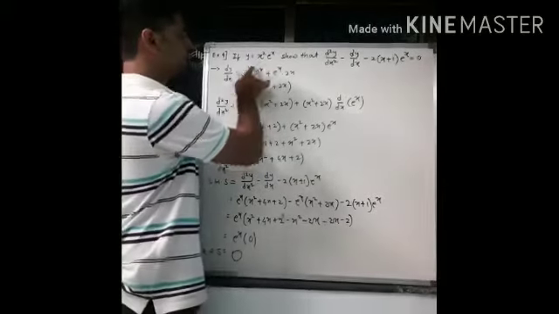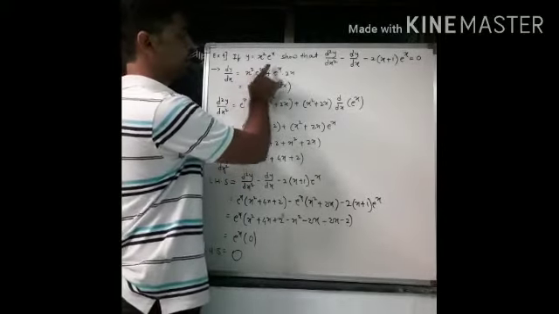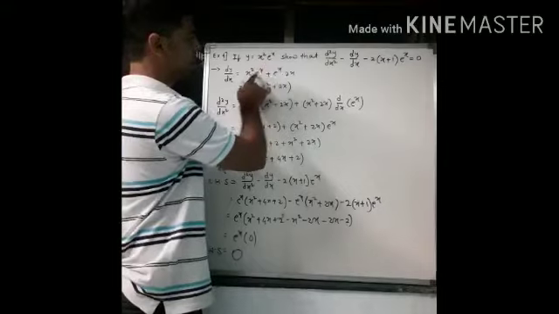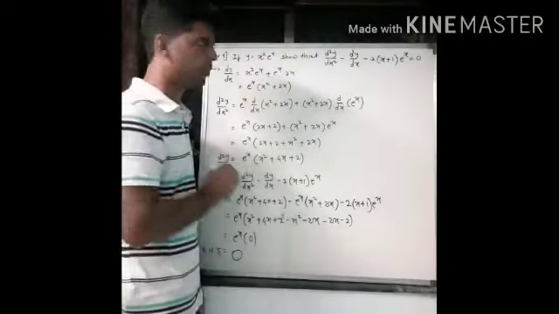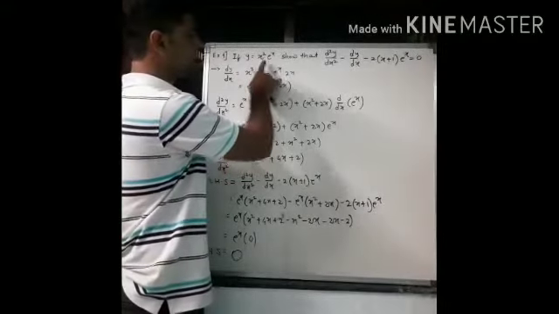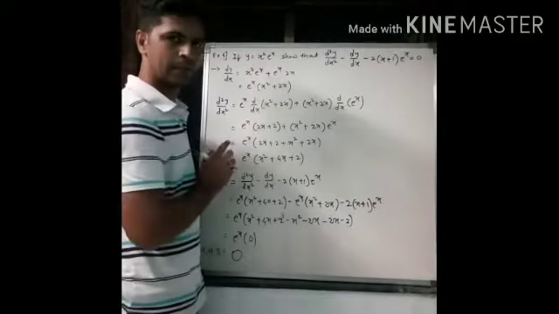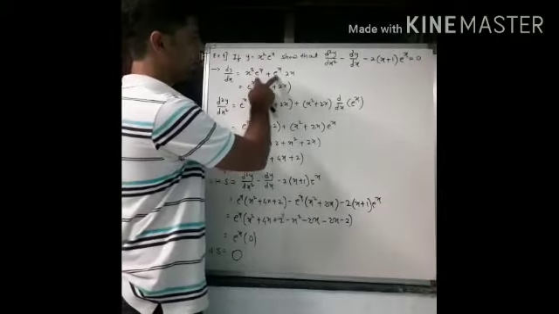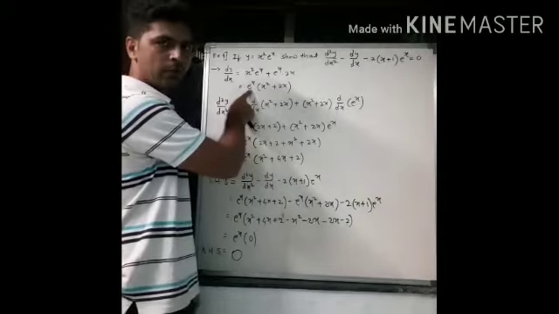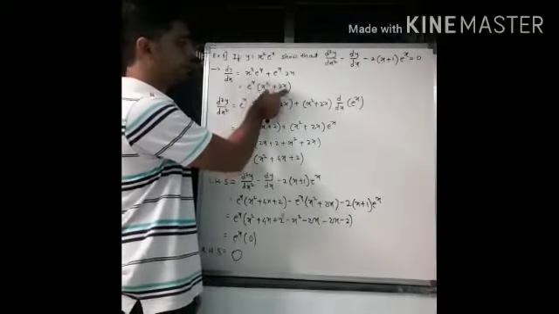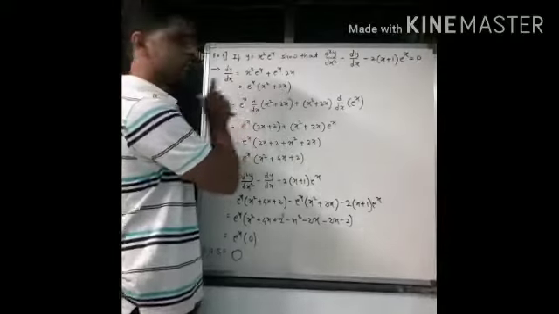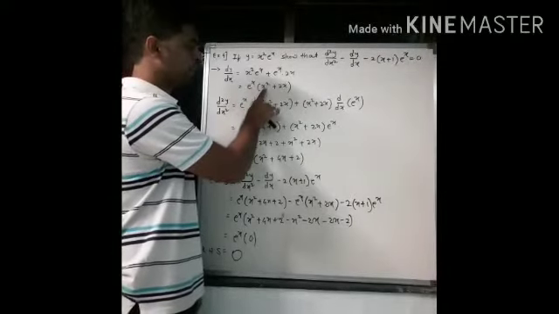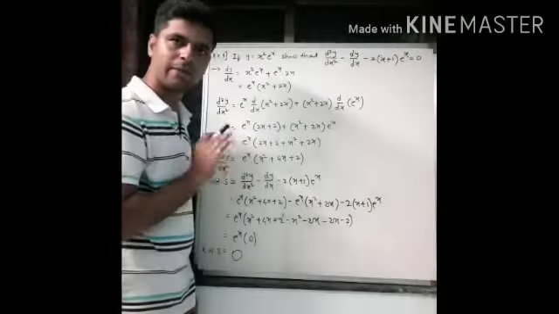So keep the first function constant, derivative of the second function. Here the derivative of e raised to x will be e raised to x, that we know. Now second function constant, derivative of x square will be just 2x. Right? Now e raised to x is a common term, so factor out that common term and write the remaining terms in a bracket. So this is your first derivative, e raised to x into (x square plus 2x).